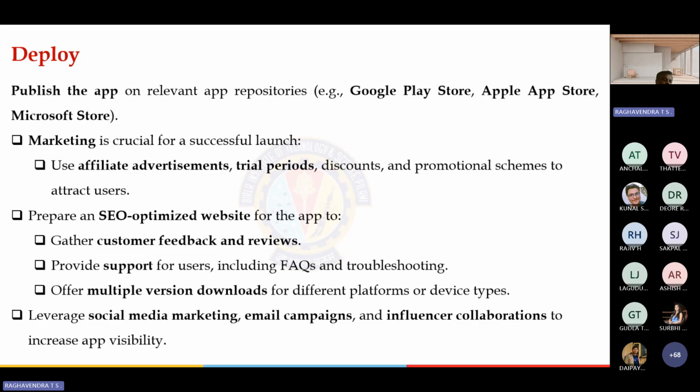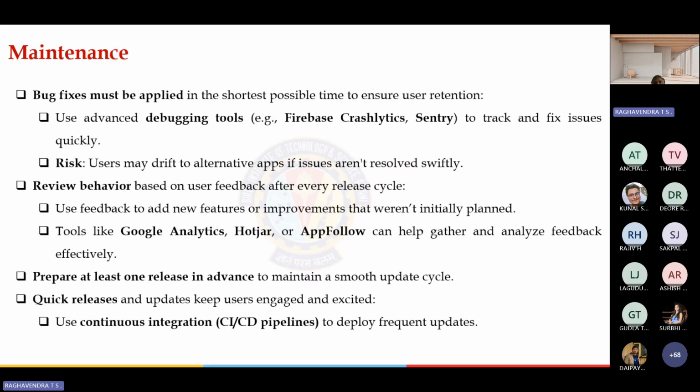Prepare an SEO-optimized website for the application to gather customer feedback and reviews. Provide support for users, including frequently asked questions and troubleshooting. Offer multiple version downloads for different platforms or device types. Leverage social media marketing, email campaigns, and influencer collaborations to increase the application visibility.